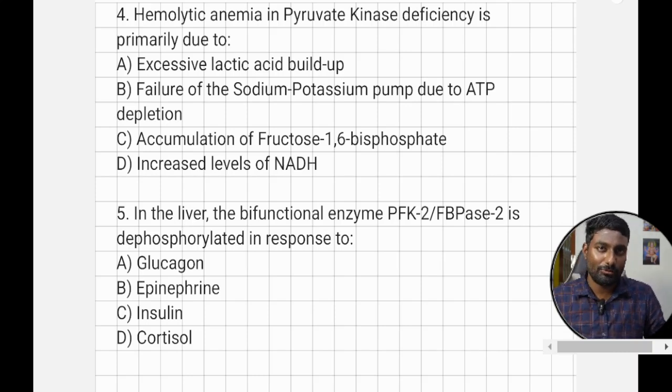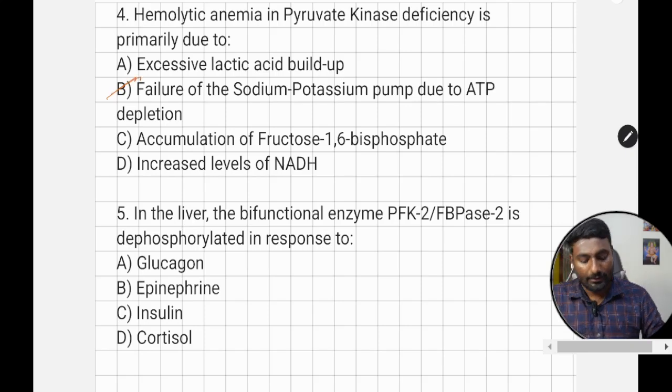If there is any issue with pyruvate kinase, it can't complete the ATP production, all these things. Okay. So there is hemolytic anemia. Got it? Okay. Why particularly pyruvate kinase? If you see the pyruvate kinase step, there is a formation of substrate level phosphorylation.